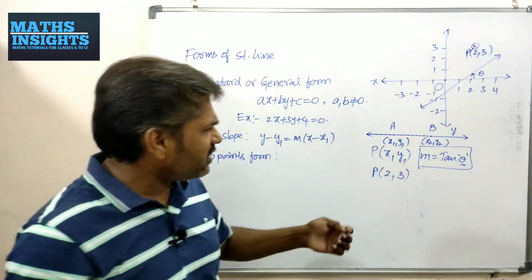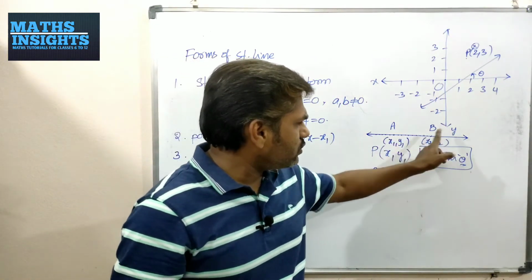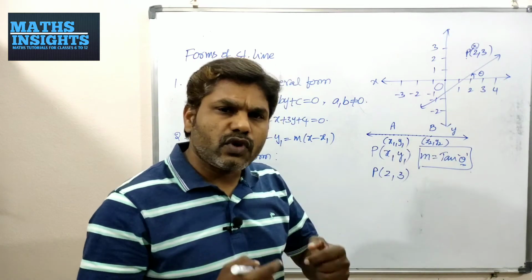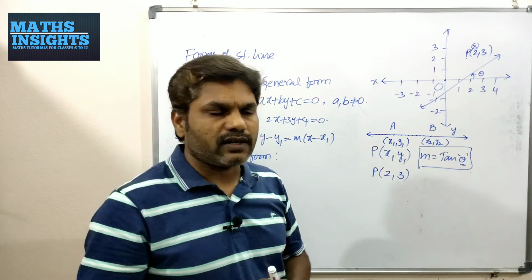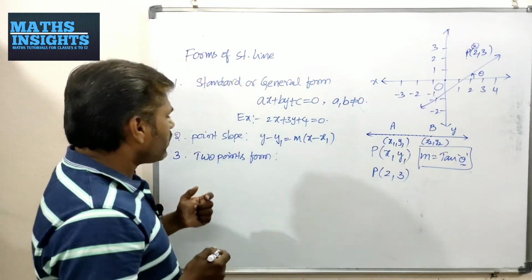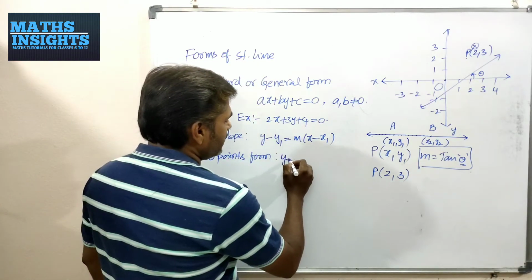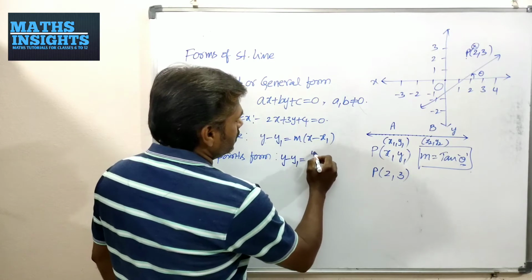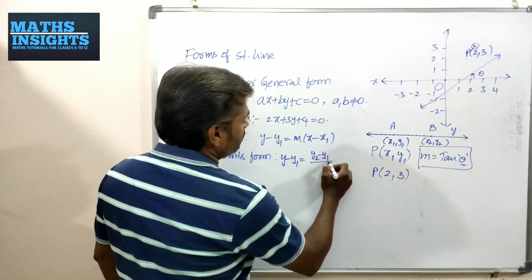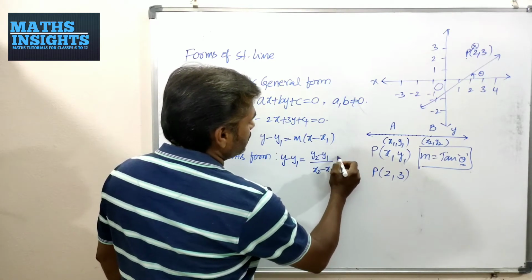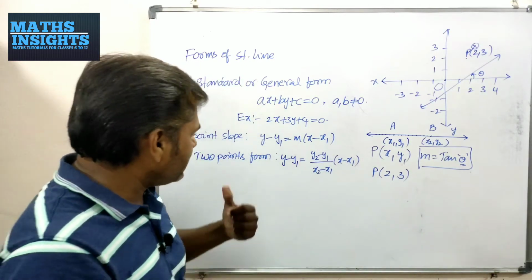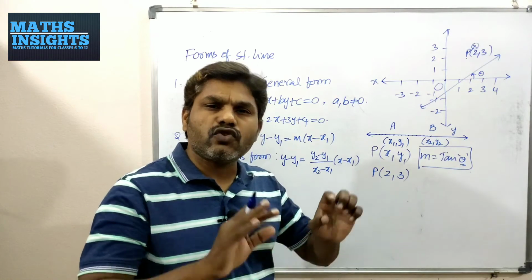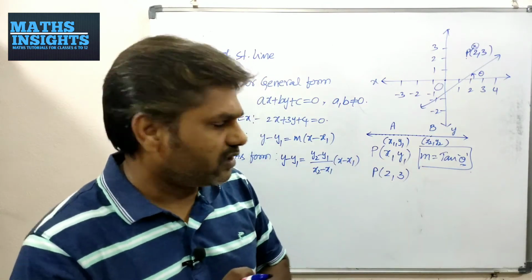You may take whatever points here and here also. If you have 2 points, you can find the equation of this straight line. Now 2 points means y minus y1 is equals to y2 minus y1 by x2 minus x1 into x minus x1. This is the equation of the straight line when any 2 points on the straight line are given.